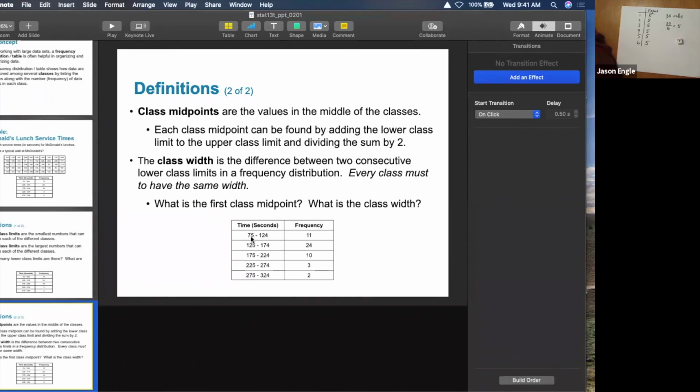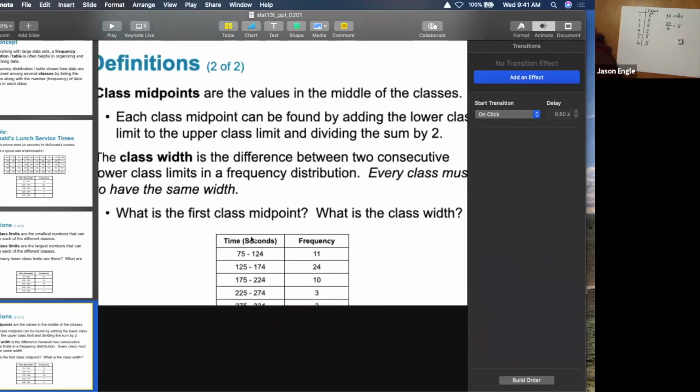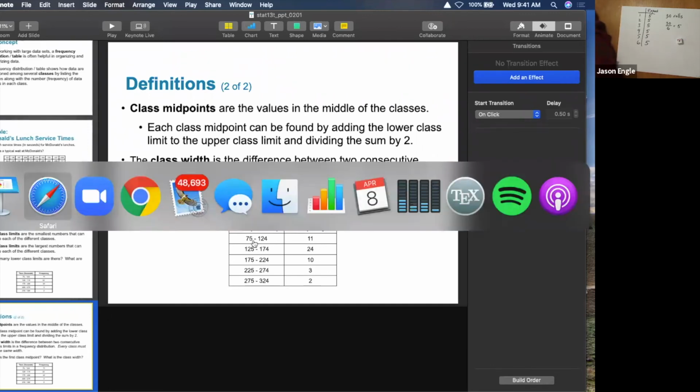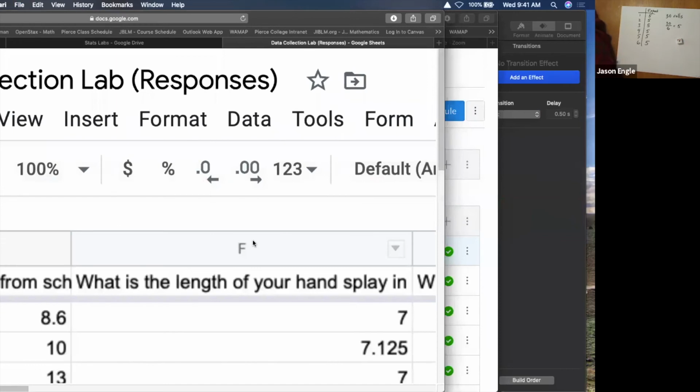So for the first class, the lower class limit is 75. And for the first class, the upper class limit is 124. If you add those two together and divide by 2, you're going to get the first class midpoint. I'll just pull up my calculator here.